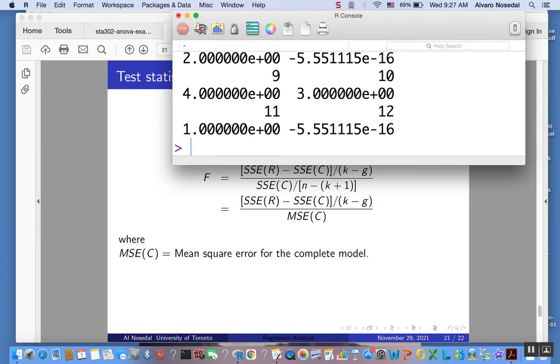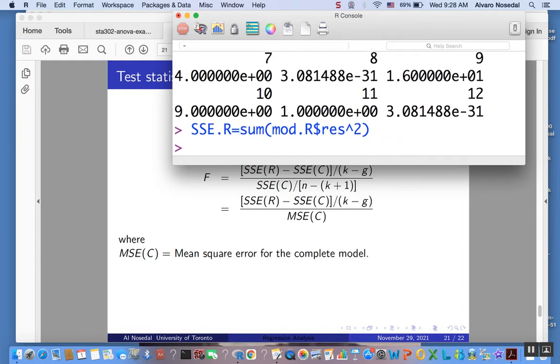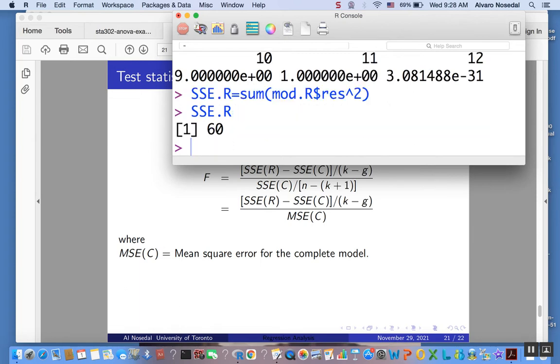In this case we have 12 residuals. We want to square them, and then add them up. Now let me show you what we end up with here. Okay, so 60.